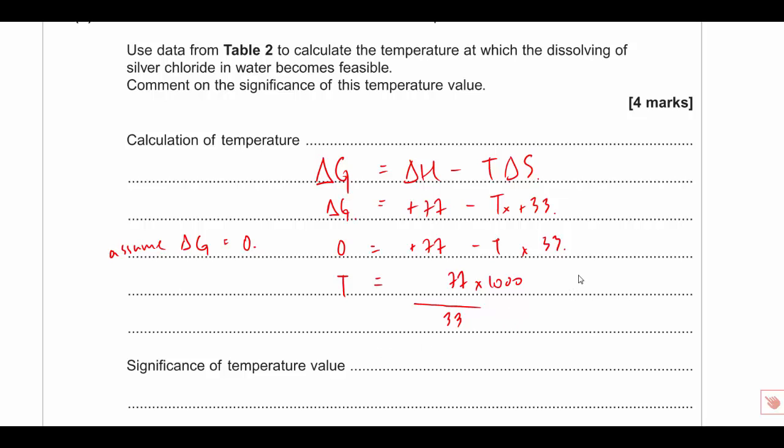My temperature value there, when I work it out, is going to be 2,333 Kelvin. Remember, you've got to include your Kelvin. Do not put degrees Celsius. It's an absolute stinker. Comment on the significance of this temperature value. So we're looking at the temperature at which silver chloride will dissolve in water.